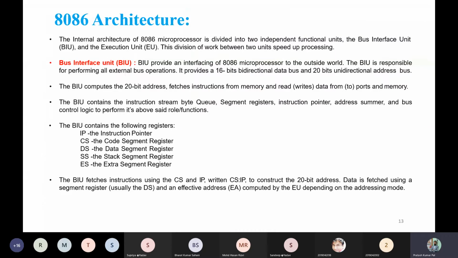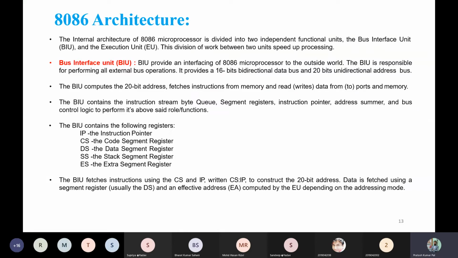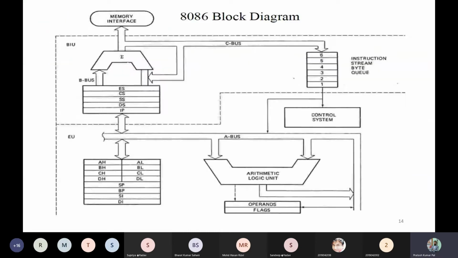So these are the different basic pins and their operations that we have gone through. Then next we will see the architecture basically. So what is the architecture of 8086? This is the architecture of 8086. In this architecture, the complete architecture is divided into two parts.